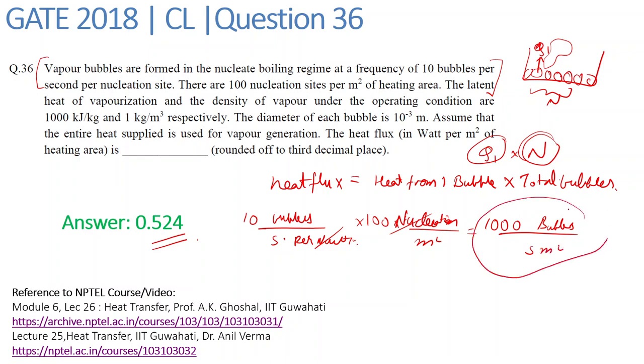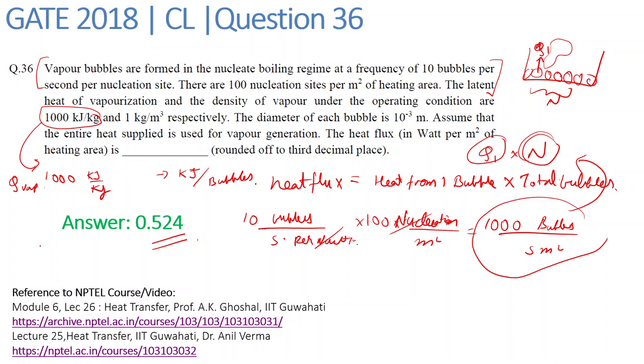So this is our n. Now we have to find the heat from one bubble. For this we have been given the latent heat of vaporization as 1000 kilojoule per kg. Now we have to change this to kilojoule per bubble.